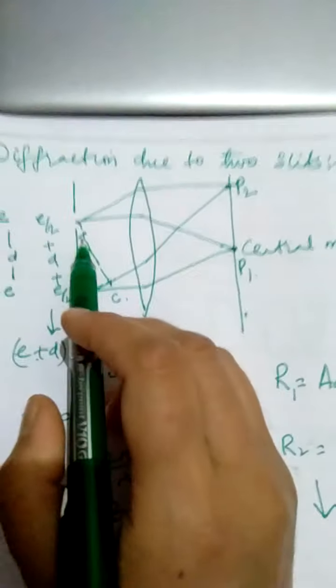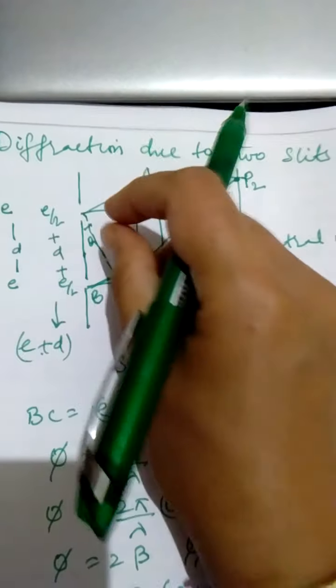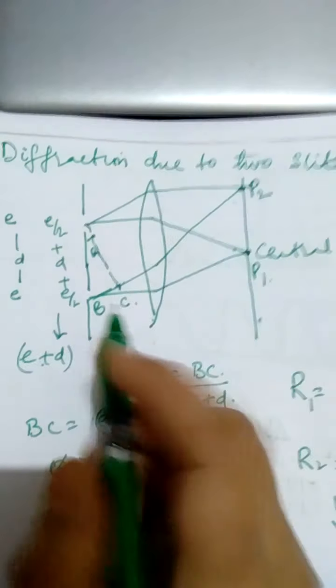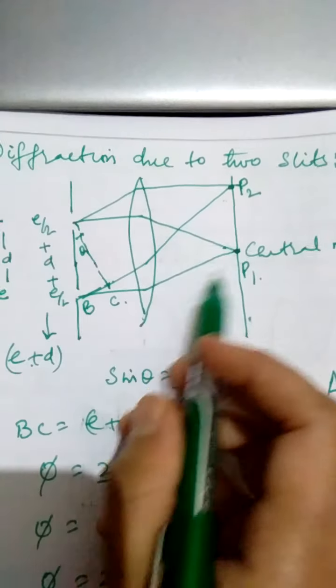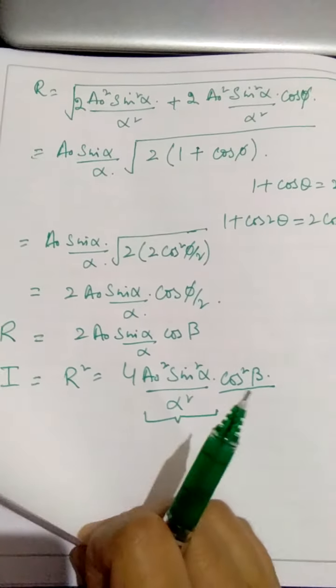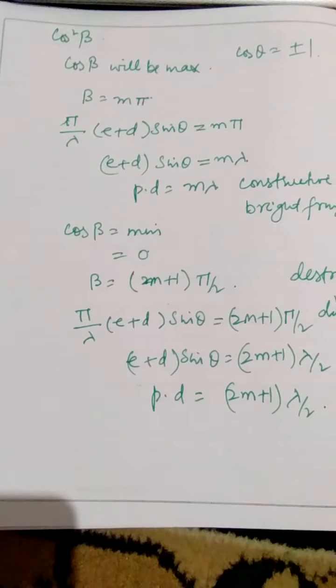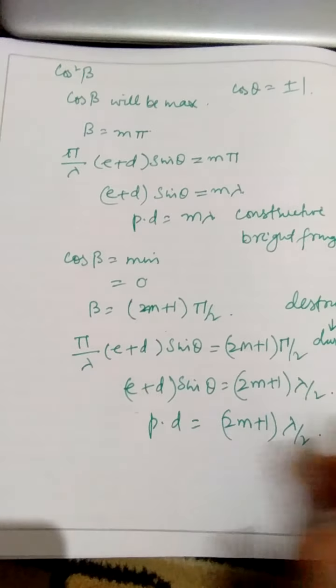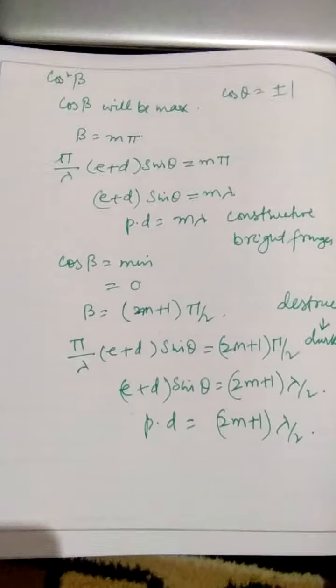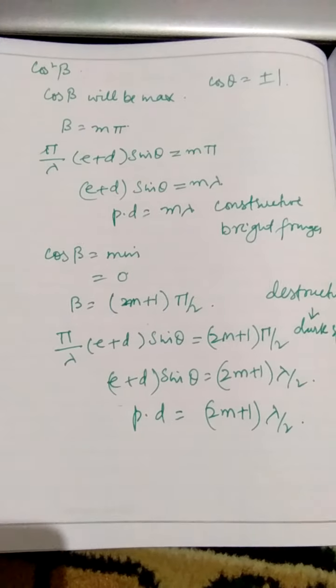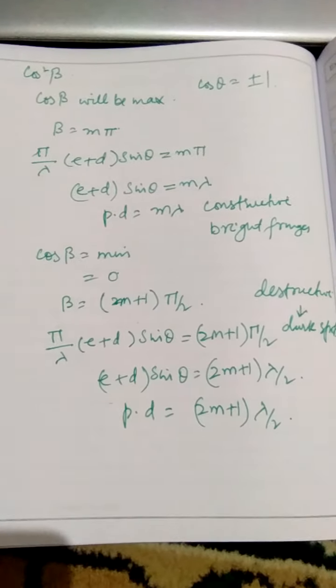Moreover, the width of the slit is also small there, but here it is a bit broader than that. So here you have an interference pattern because of this. So I hope that gives a complete description of diffraction due to two slits. But this will be largely based on your previous information, whatever you have learned in detail in the diffraction due to a single slit, because we have used those expressions directly here. So that's all about it.